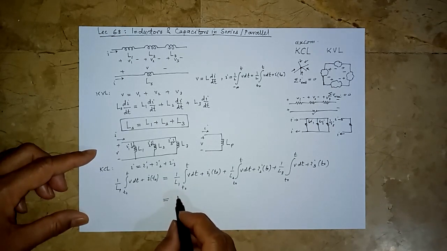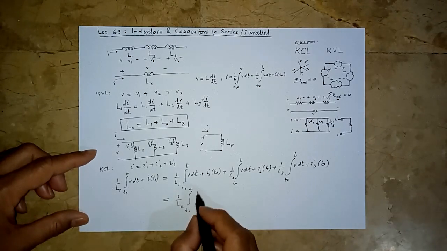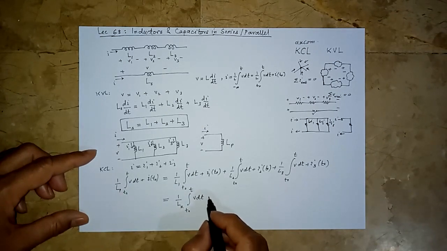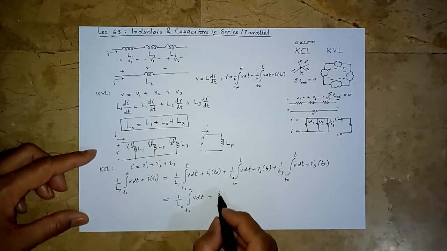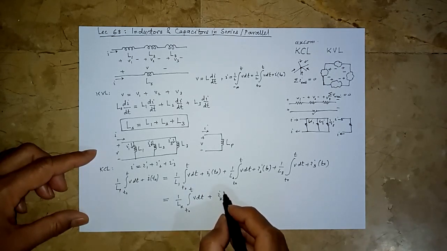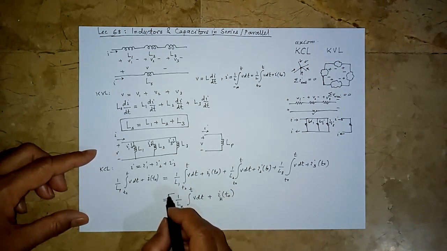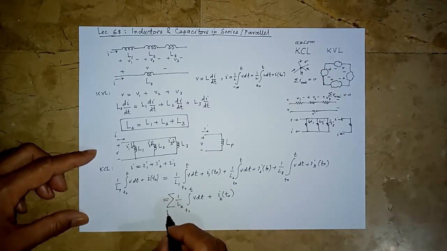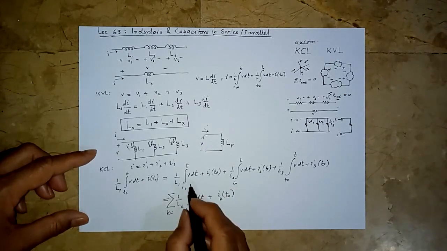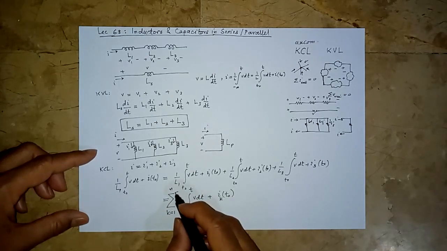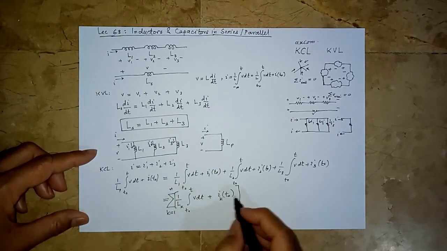So we can write this as 1 over Lk integral from T naught to T of V dt, where V is obviously a function of time, plus the kth current value at T naught, and sum all such terms for k's starting from 1 to n. We have n inductors. This summation sign is on both of these.